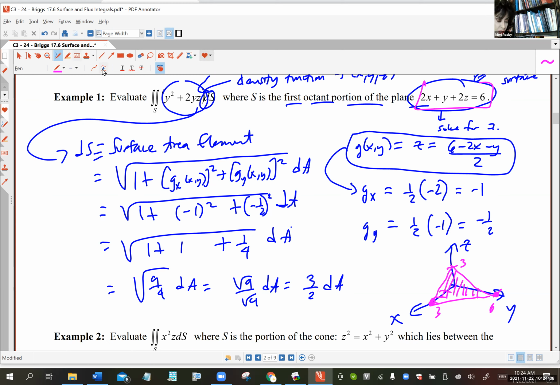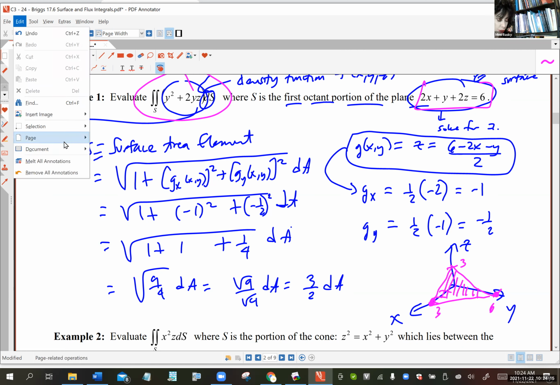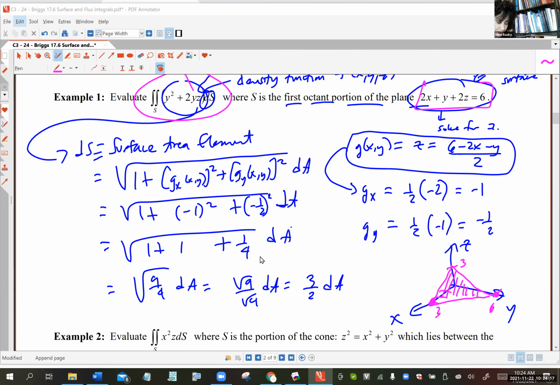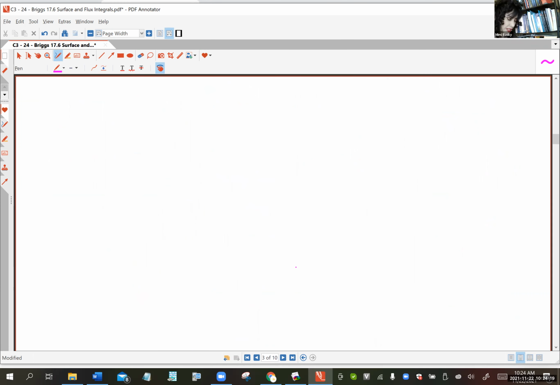Well, it's now time to look at this surface integral and start converting it to a regular double integral. So what are we saying? We're saying that this surface integral of y squared plus 2yz dS is going to turn into a double integral over the region. We're going to figure out what that region is in a moment.